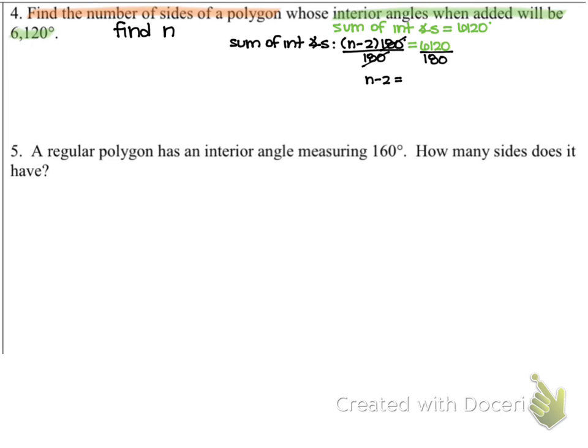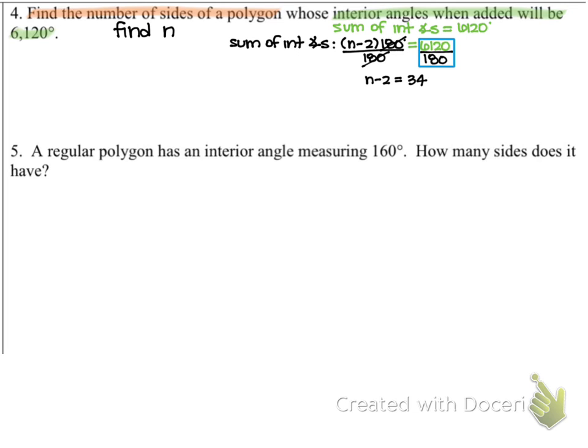Now, important to note here, in order for this to even have a shot at being an actual valid question, remember, n represents the number of sides that a polygon has. When you perform this division on the right-hand side, that 6120 divided by 180, it better be a whole number. If you get a decimal, that doesn't make any sense.